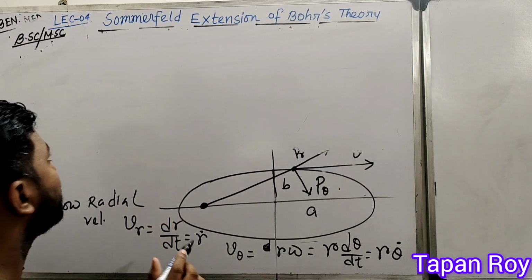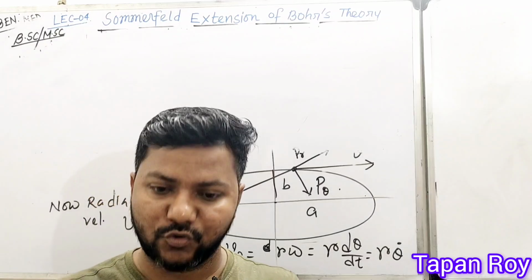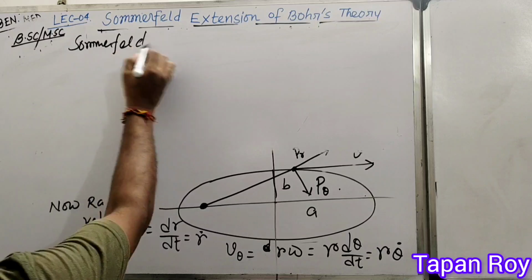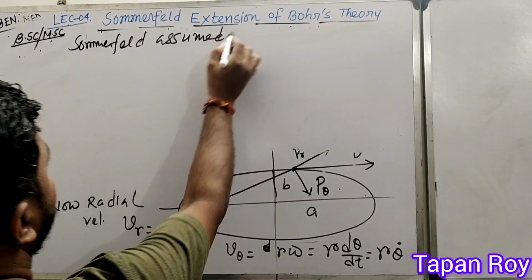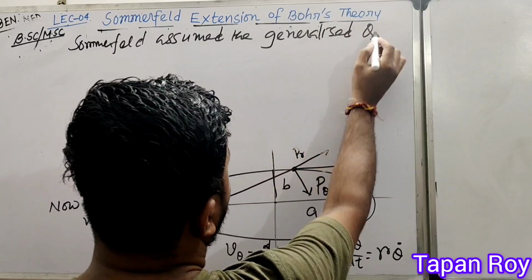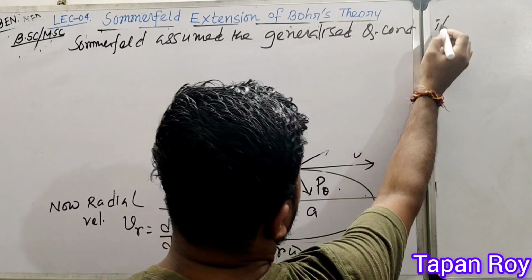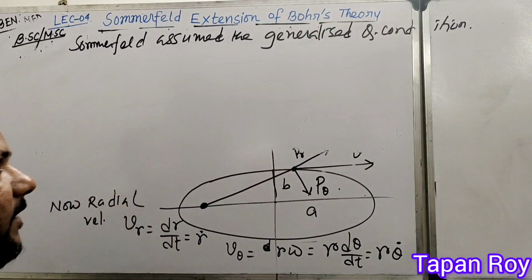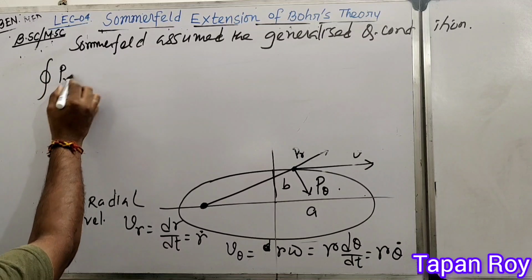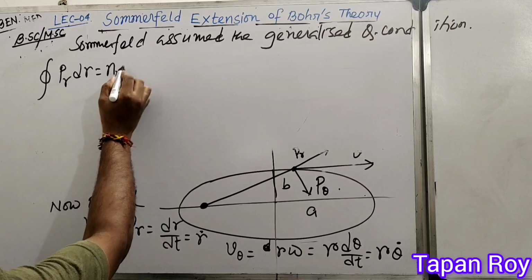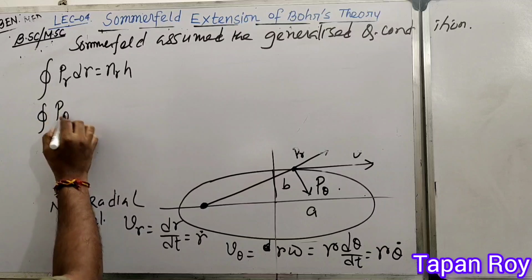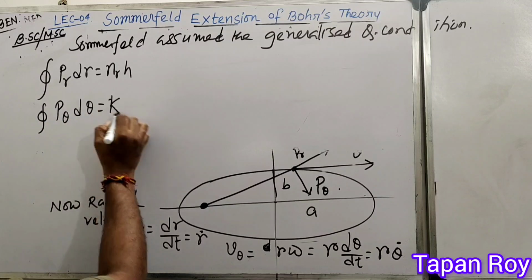Now Sommerfeld assumed the generalized quantum condition to describe it. So what is the generalized quantum condition? The closed integral of p suffix r into dr is equal to n suffix r into h, and the other is the closed integral of p suffix theta into d theta is equal to k into h.